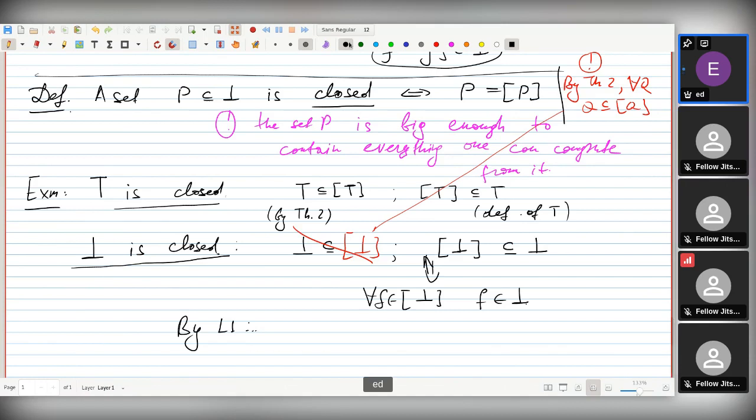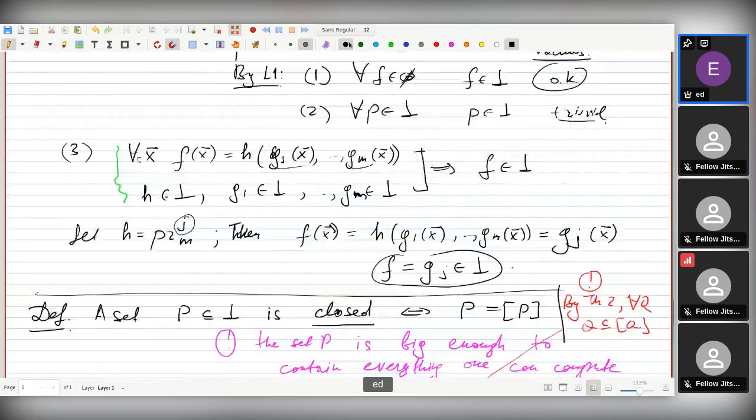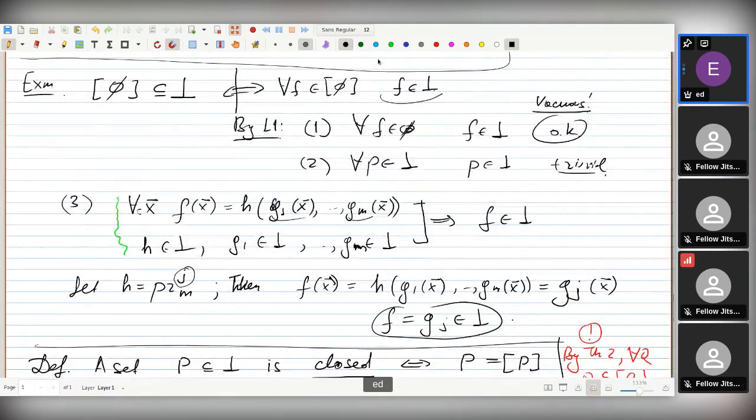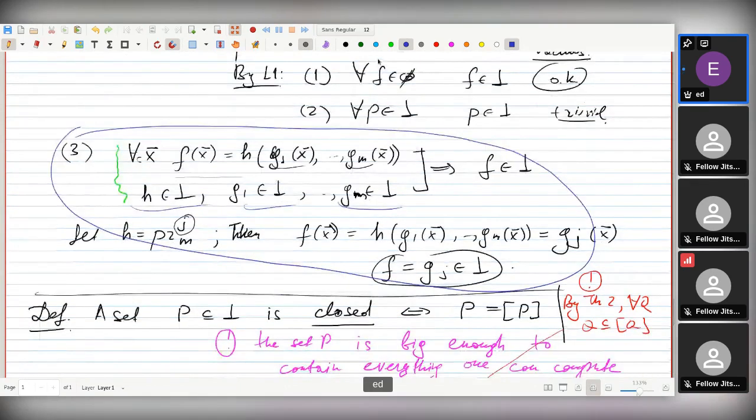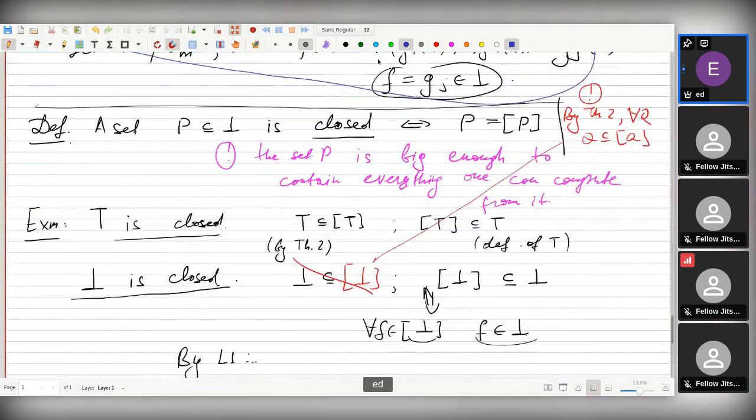This would require us to prove three things. First, every projector is a projector. Second, every function from the set is a projector, they are identical. And the third claim will be exactly this one: that every superposition of projectors is a projector. And we have already checked it. Is this idea clear?